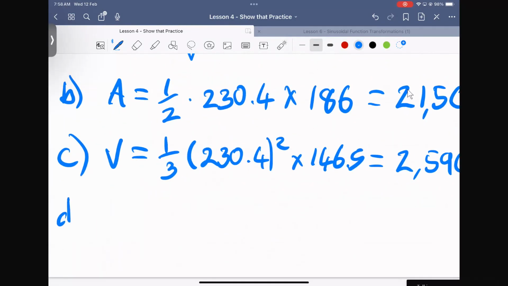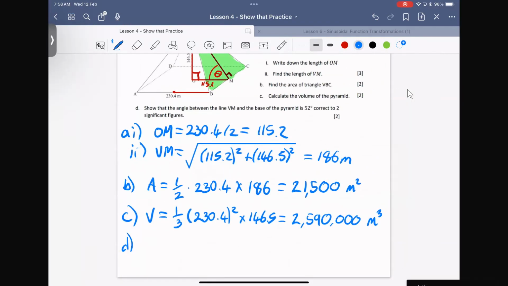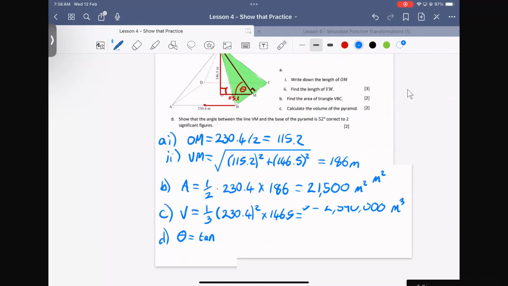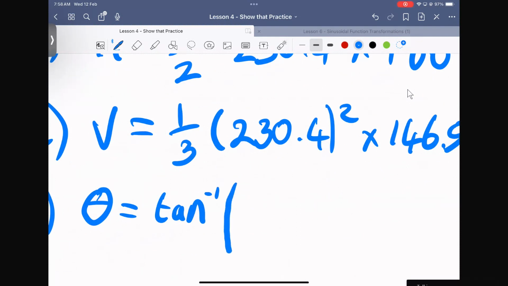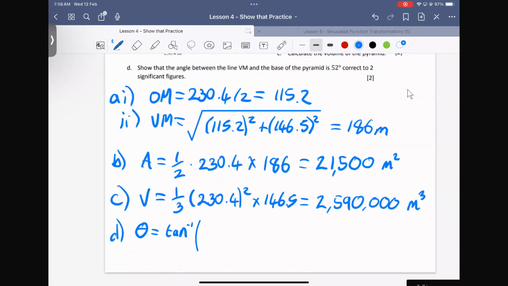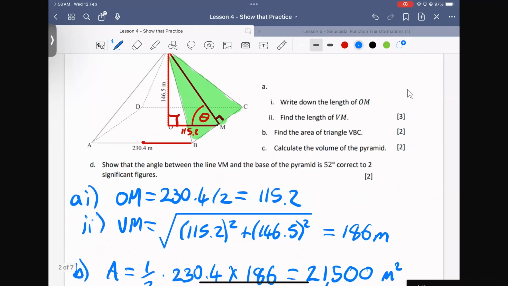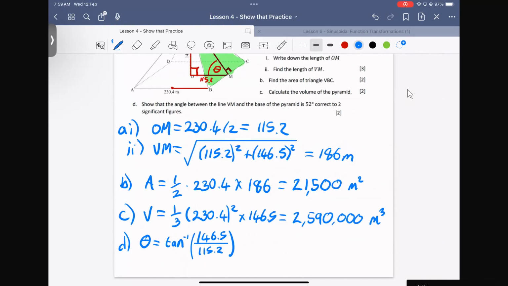We have to show that the angle, so we'll call the angle theta, is equal to the inverse tangent of 146.5 over 115.2. Put this into your calculator, what do you get?